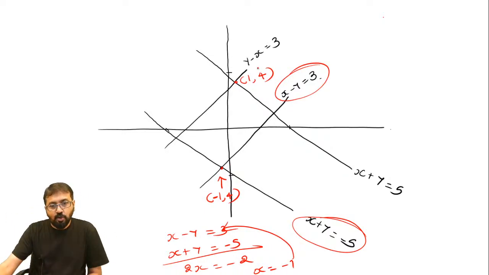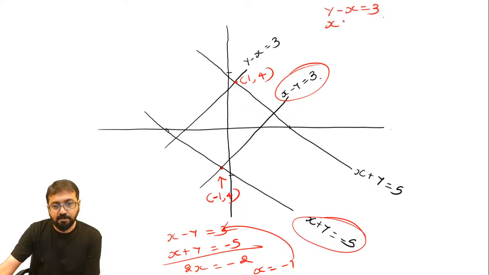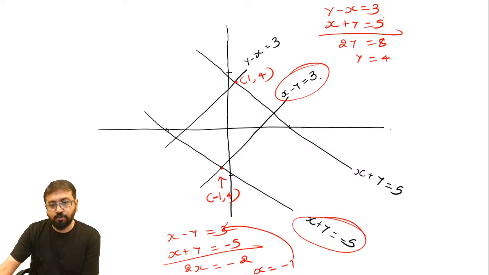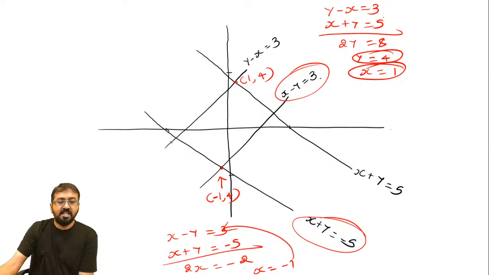So if you want, you can solve these two equations, y minus x equal to 3 and x plus y equal to 5. Just add them, so x will get cancelled off, so you'll get 2y equal to 8. So y will come out to be 4 and x will come out to be 1. See, this is what I've written. Same way, try to get the coordinates of this point.